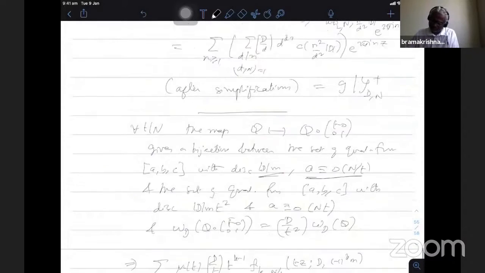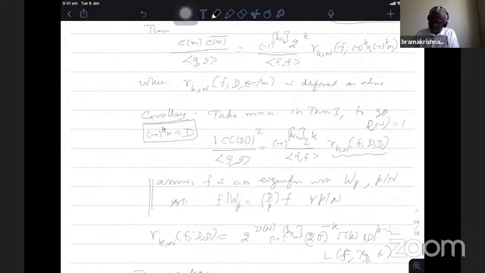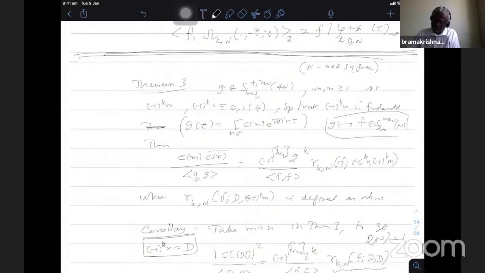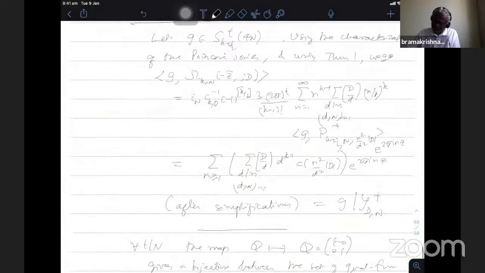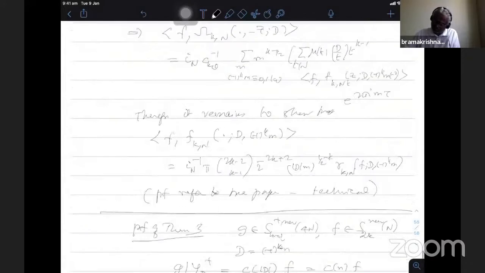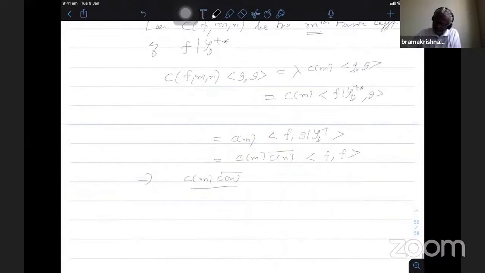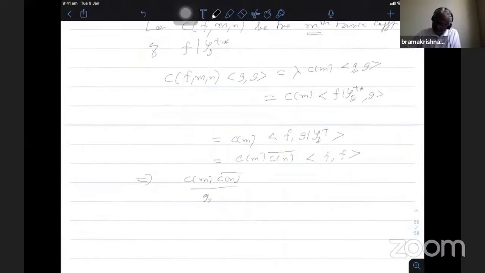This is by G G is this one, right? I have to show this. What I have, so Cn bar by G comma G is C of mn by f f.